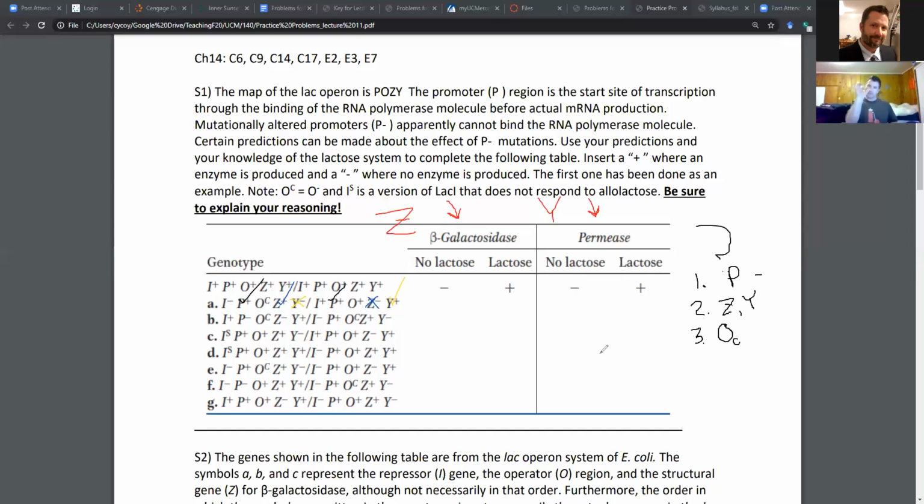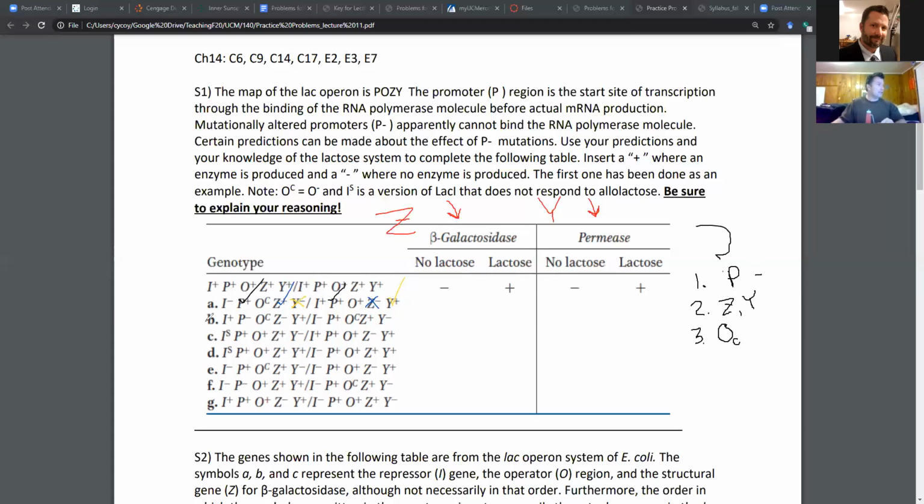Because the sequence, right, we're talking about DNA here because we're going to make a transcript. So the DNA sequence of that operator, which is the binding site for that inhibitor, has been mutated to where that inhibitor no longer can bind. If you have an OC, regardless of the inhibitor presence or absence on any side, it's going to drive whatever's to the right of it, provided you have a functional P. That's why you have to look for the promoter first.